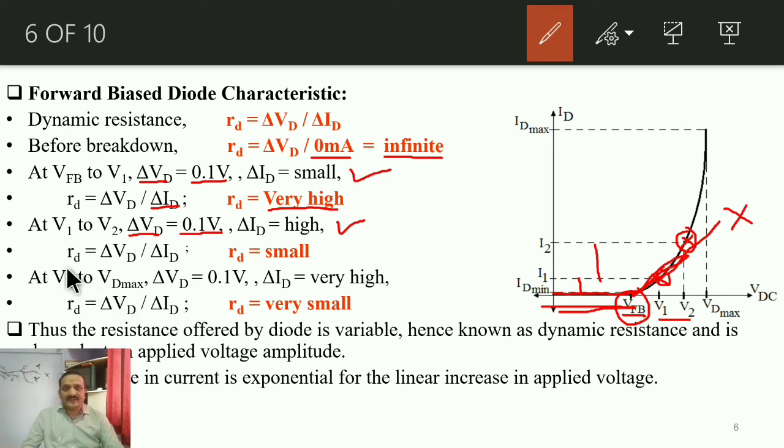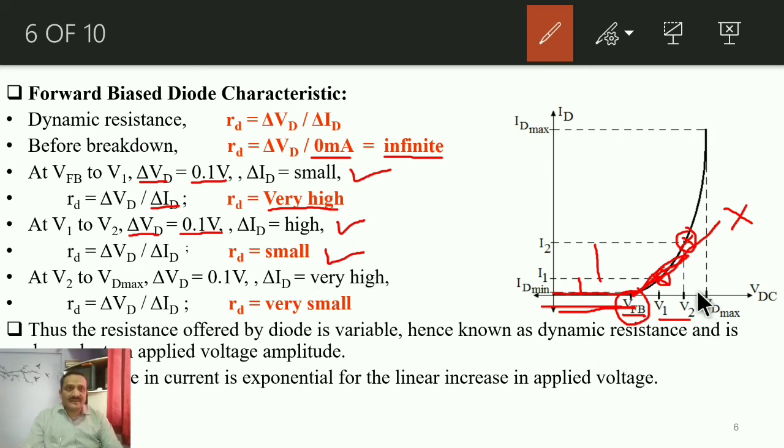And that's why, as small rd is inversely proportional, if delta ID is high, then small rd will be small. The dynamic resistance offered by the diode between these two points will be somewhat small as compared to the previous. Previously it was very high, and previous to that it was infinite.